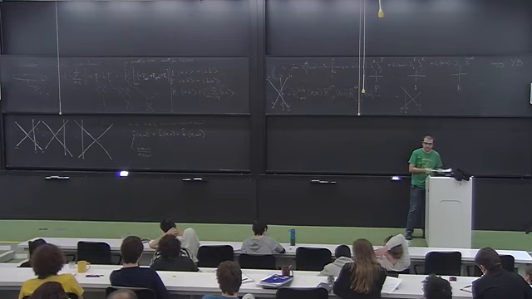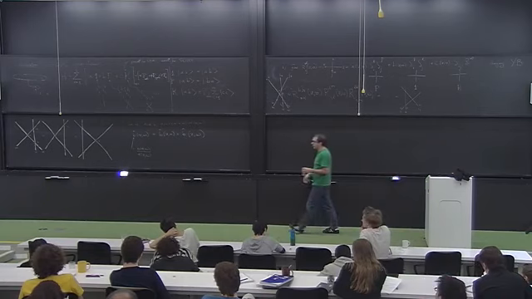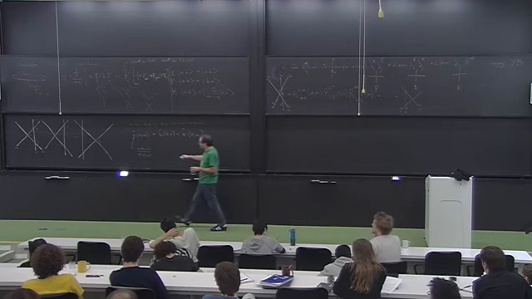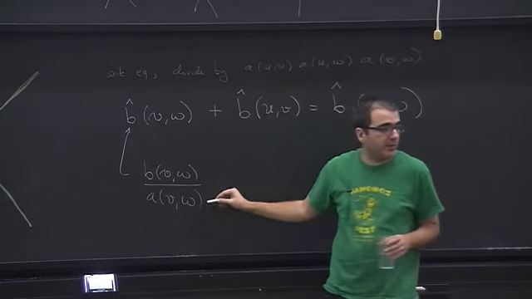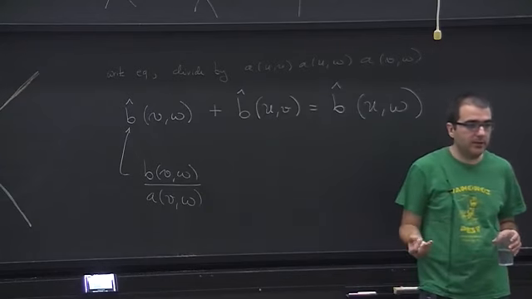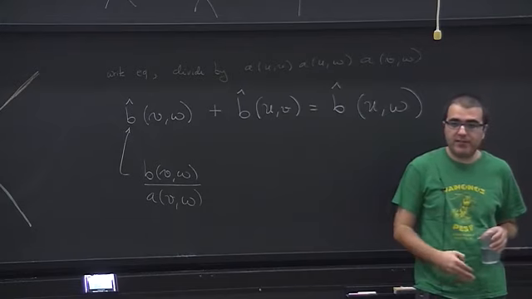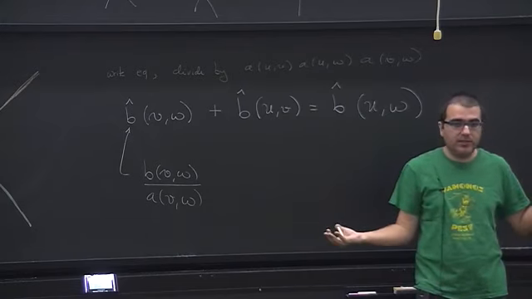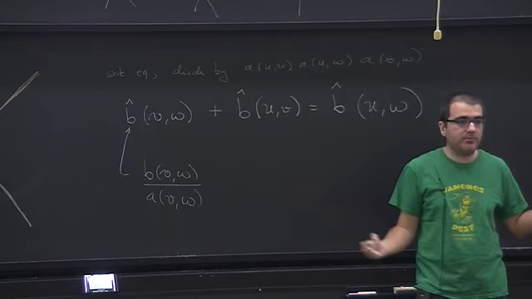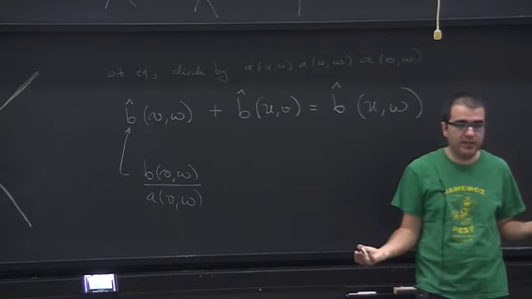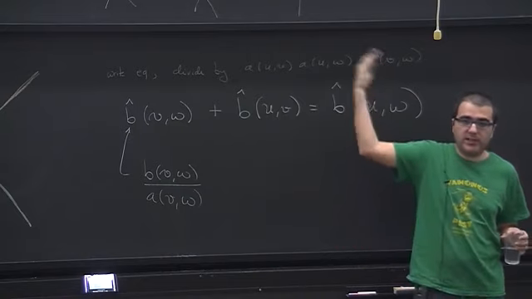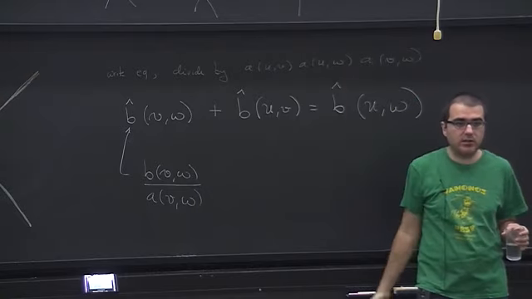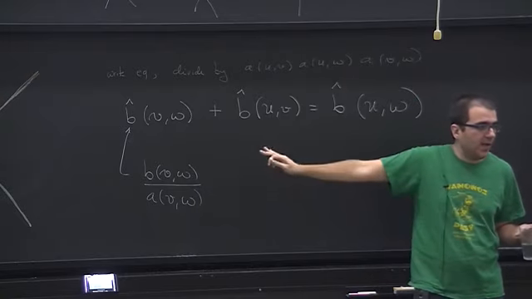Is it clear? Now, the first comment I want to make at this point before starting to try to solve is that this kind of thing, solving for a ratio, is perfectly reasonable, and it's what we should expect. Because, of course, Yang-Baxter will never fix the overall normalization, because I can always multiply my R matrix by an arbitrary function of U and V, and that function will just factorize in the equation. Okay? So this is what it should be.